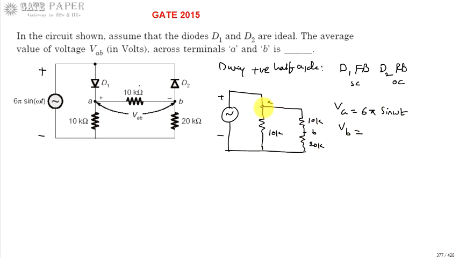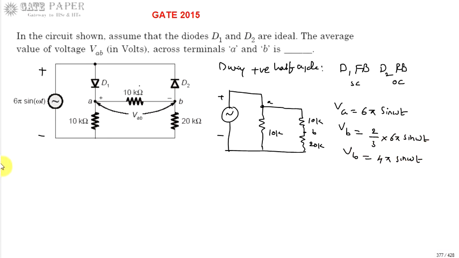The voltage from node A to ground is 6 pi sin omega t, and that is divided across 10k and 20k. According to the voltage division rule, we can write 20 by 10 plus 20 into 6 pi sin omega t, which is 2 by 3 times 6 pi sin omega t. So VB in this case is 4 pi sin omega t.